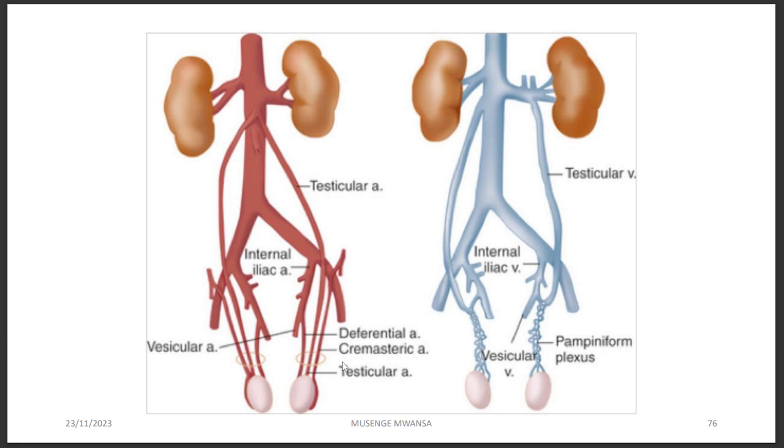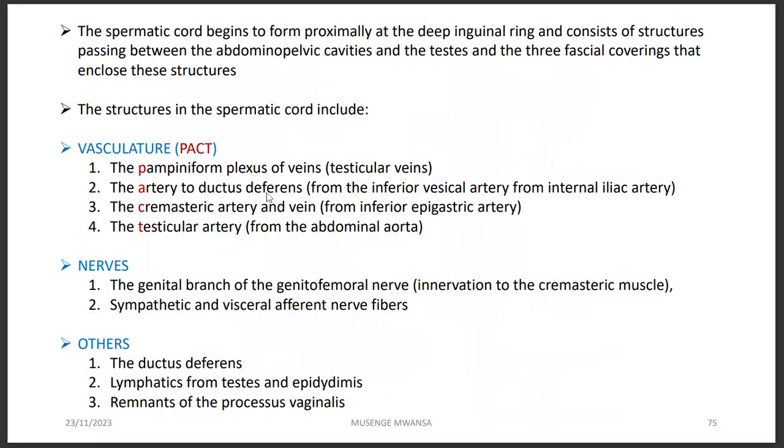And then the other artery that we talked about here, apart from the testicular artery and the cremasteric artery, we also have the artery to ductus deferens. If you can see, the artery to ductus deferens is coming from the internal iliac, which is here. But it will not come direct from the internal iliac.